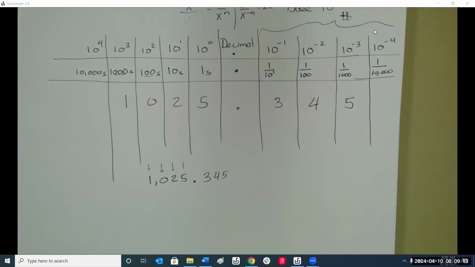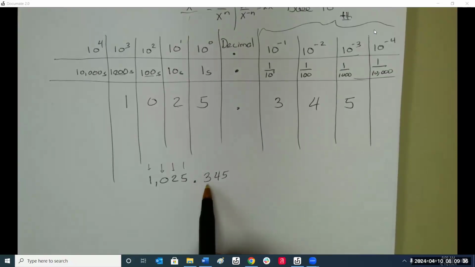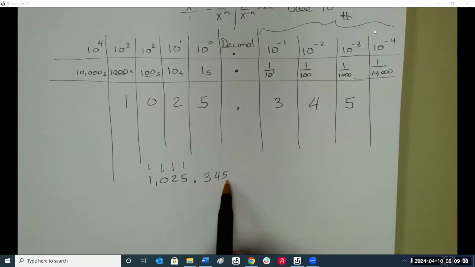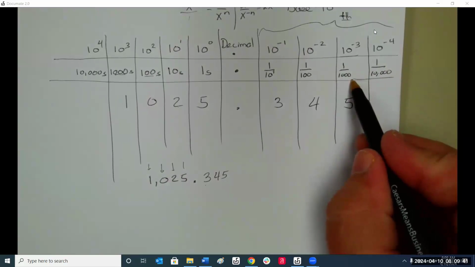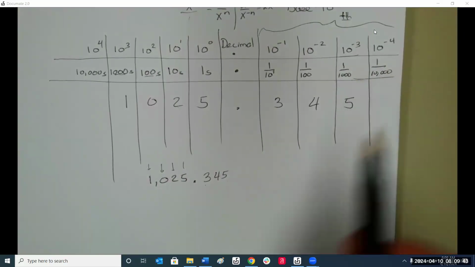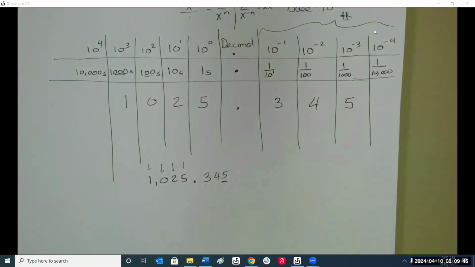How would you read that? You read the left side, the normal 1,025, and 345 1,000ths. You always read it to the last decimal.